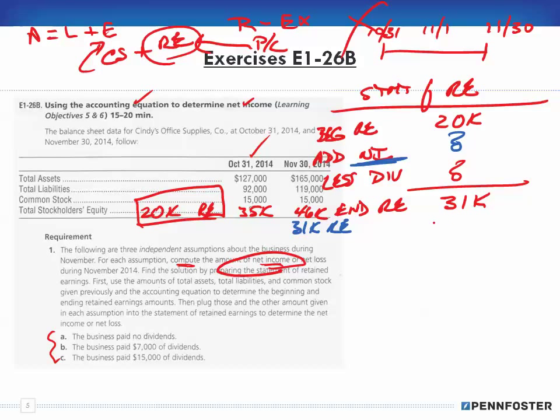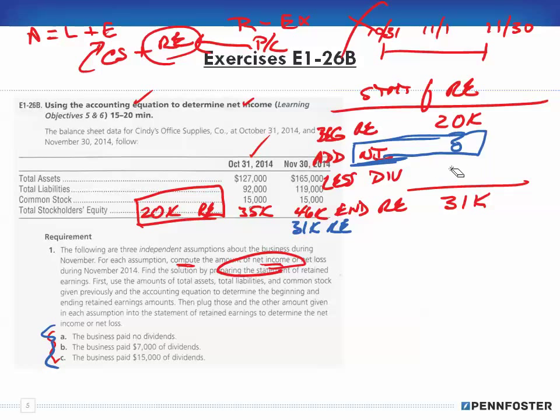So what we're looking for is computing our net income, based upon these three different assumptions. We're going to do each assumption at a time. The first one says that the business paid no dividends.